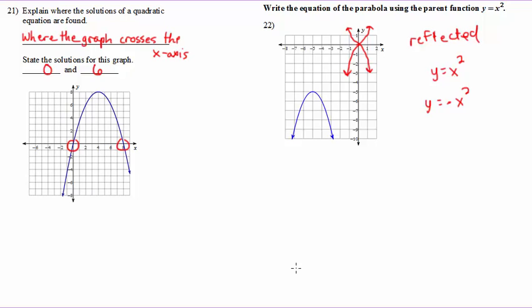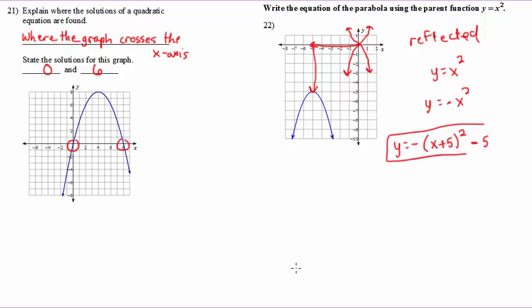But also we moved our vertex to the left 5 and down 5. Left 5 is on the inside of the parentheses, and instead of a minus sign, it's the opposite, a plus sign. On the outside, our shift down goes minus 5.